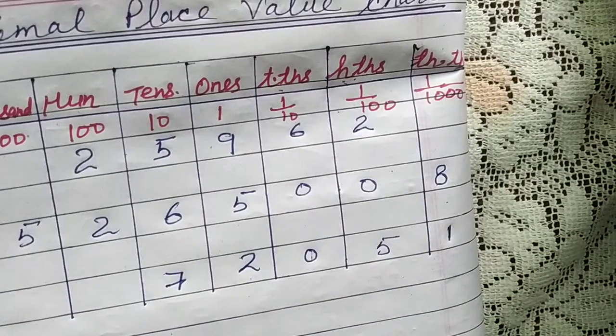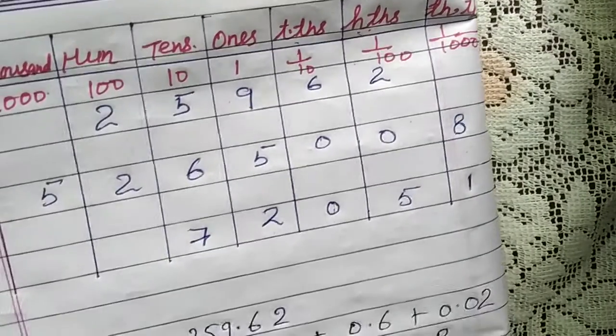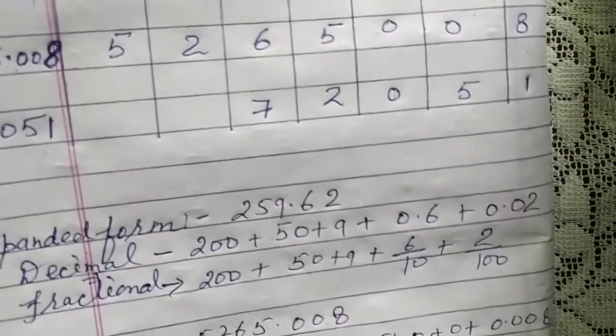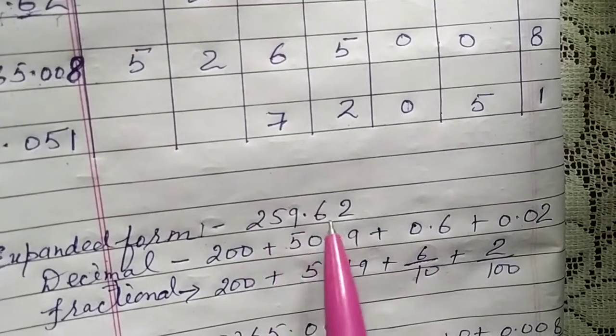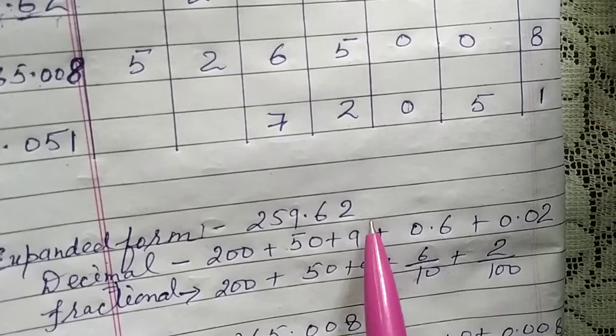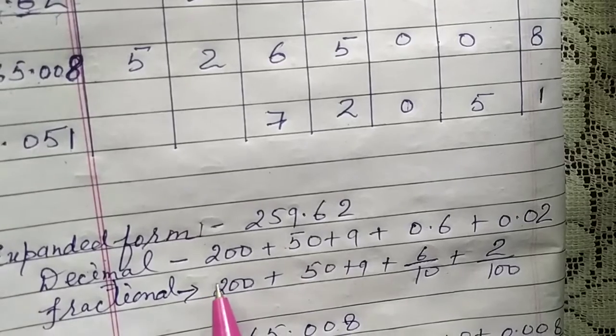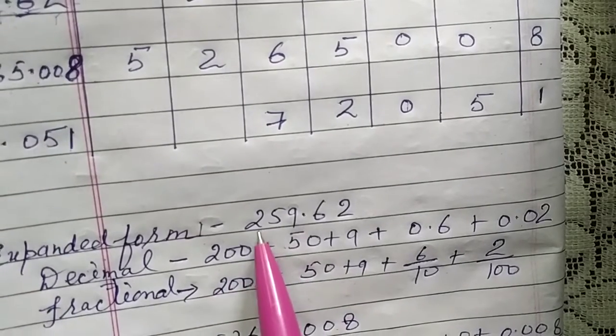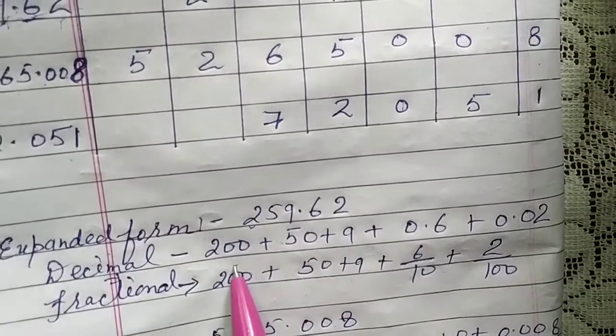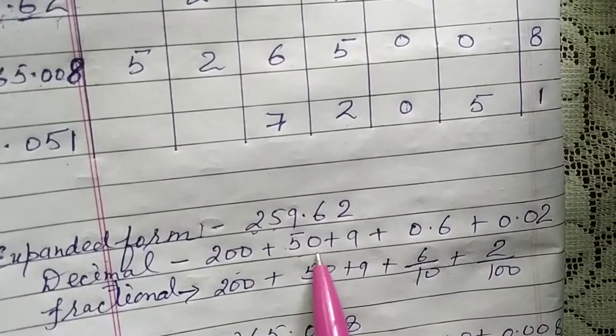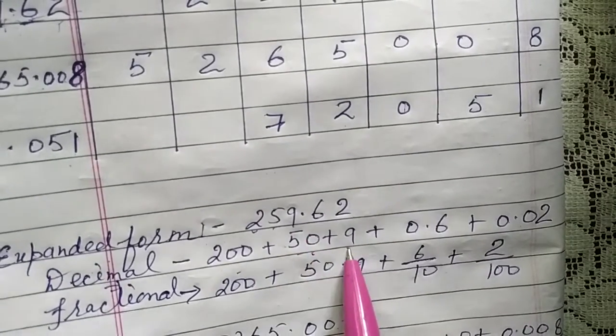Now, how to read and expand these numbers, the expanded form of these numbers. This 259.62 I have written. We can expand it in two ways, the decimal way or the fractional way. In the decimal way, this is 200, then 5 tens means 50, and 9 ones means 9.